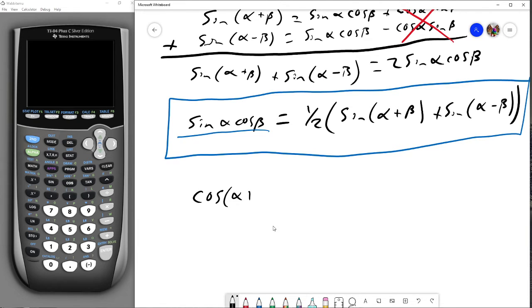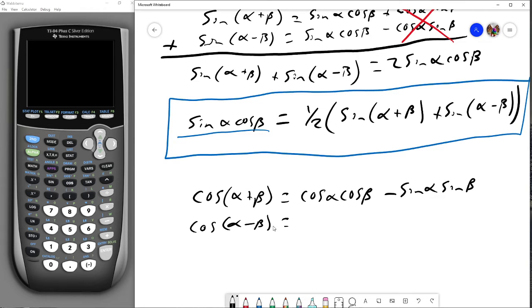So cosine of alpha plus beta is equal to cosine alpha cosine beta minus sine alpha sine beta. And if we have cosine of alpha minus beta, well, that's equal to cosine alpha cosine beta plus sine alpha sine beta.